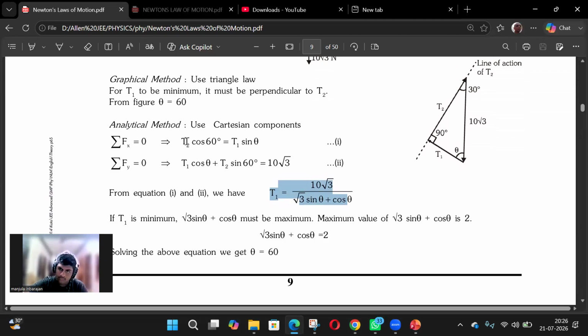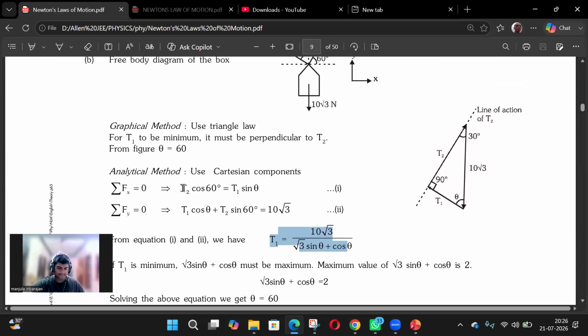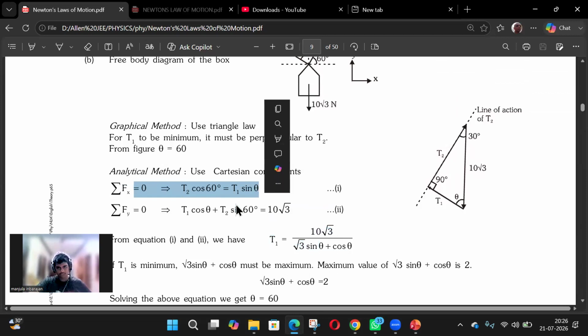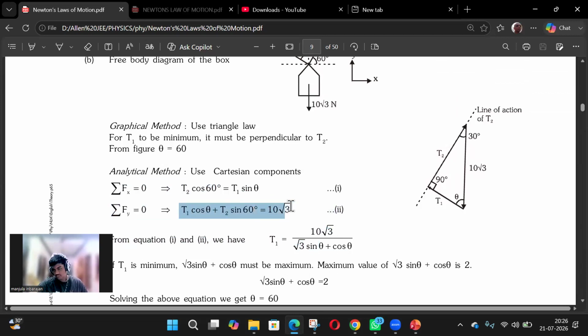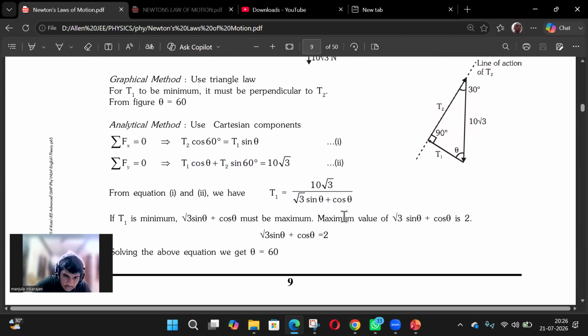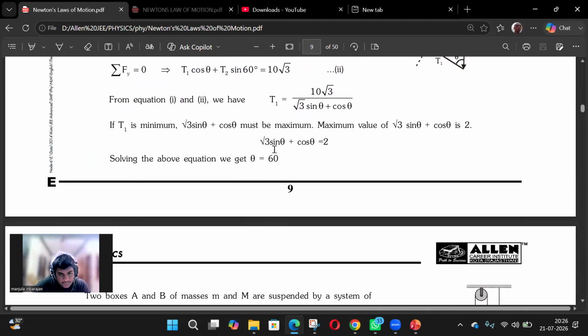So these are the two equations: horizontal direction, and vertical direction. Solving these two, I'll get T1 as this one. So this is a variable in theta. For this to be minimum, the denominator has to be maximum. This can be written as root 3 by 2 and then half.